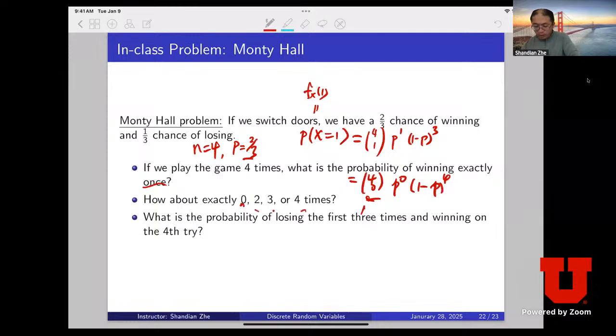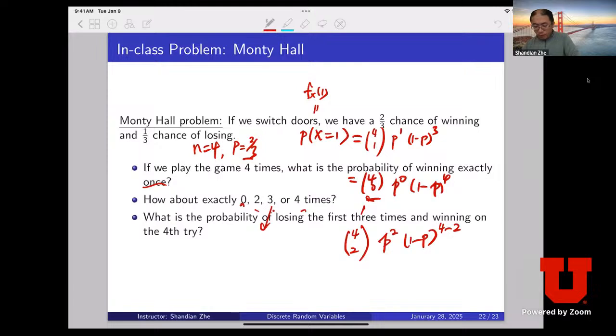So for 2 and 3, for 2, 3, 4 times, we just apply the formula, right? So for winning 2 times, that means you're gonna choose 2 from 4, right? And p to the power of 2, 1 minus p to the power of 4 minus 2, which is also 2, right?